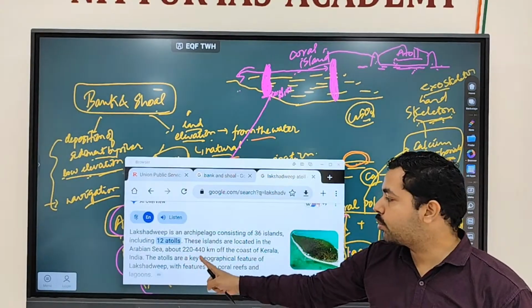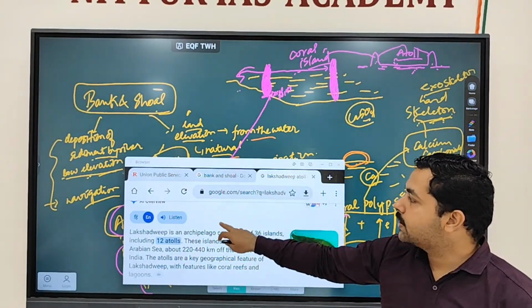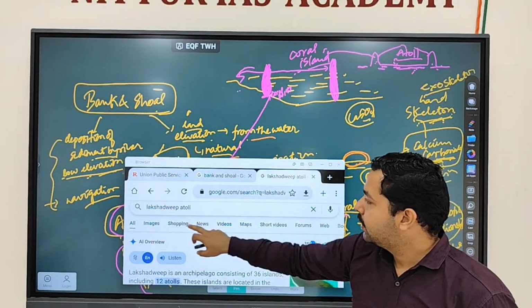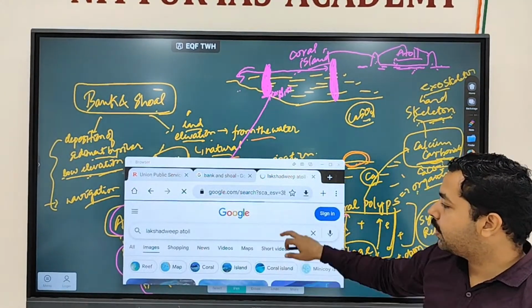12 atolls. Okay, so what is an atoll? Atoll is the skeleton that is coming out of the surface. So that is what you are finding with regard to atolls. Fine.